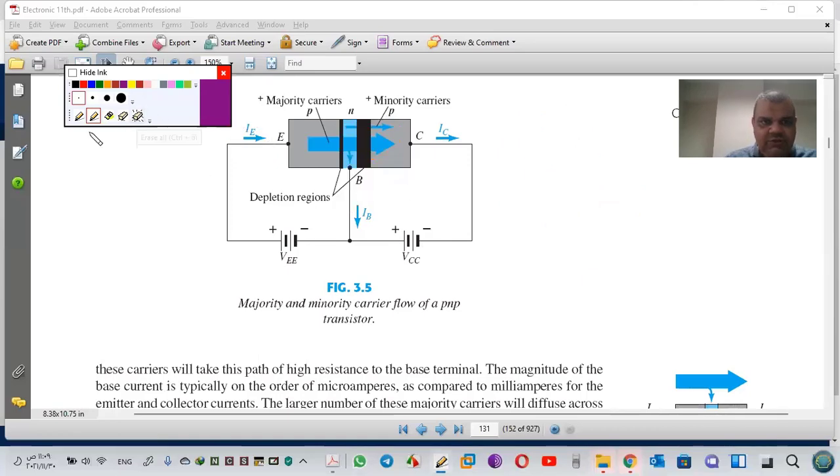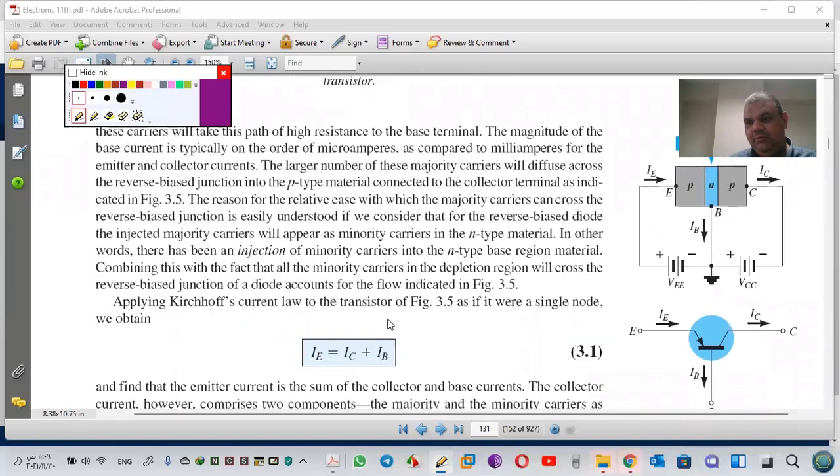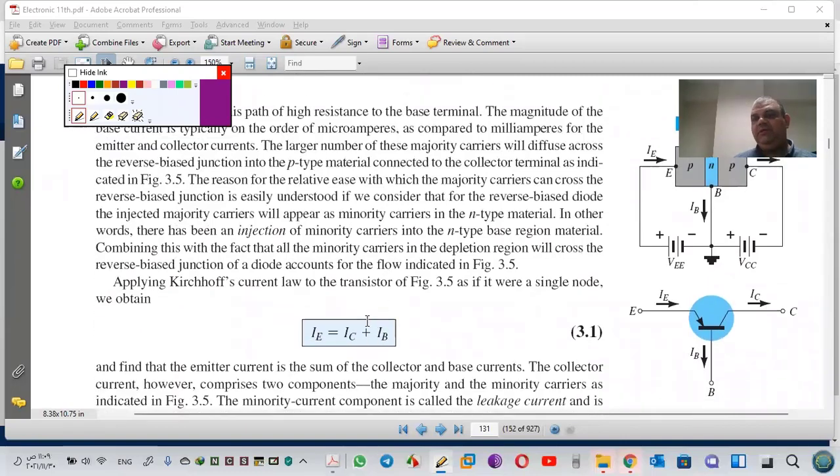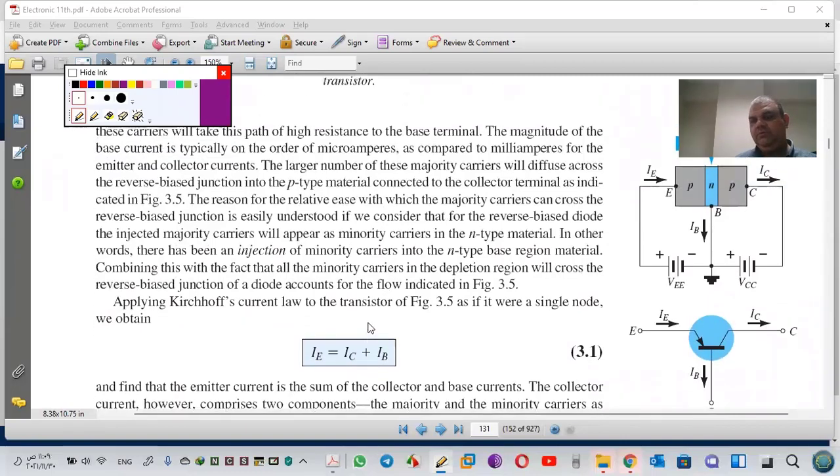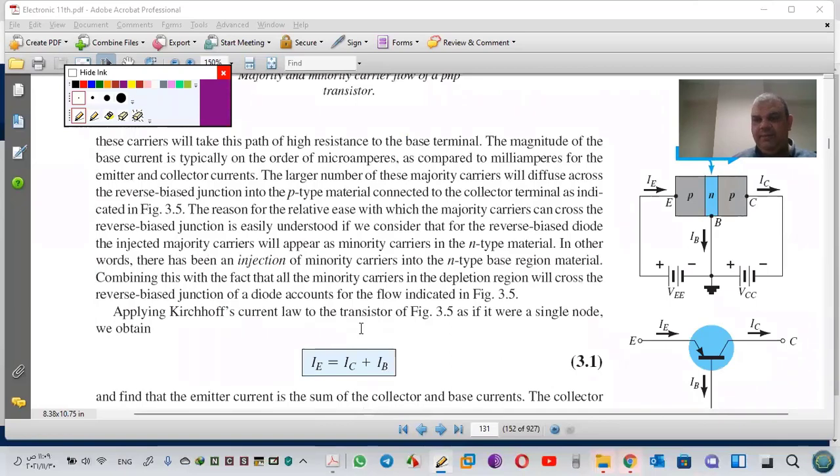Okay, let's continue and study the transistor as a symbol. This is the symbol of a transistor. See again, repeat, we have two powers. This is positive with positive, negative with negative.